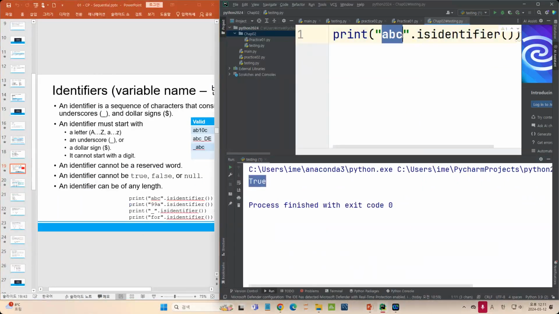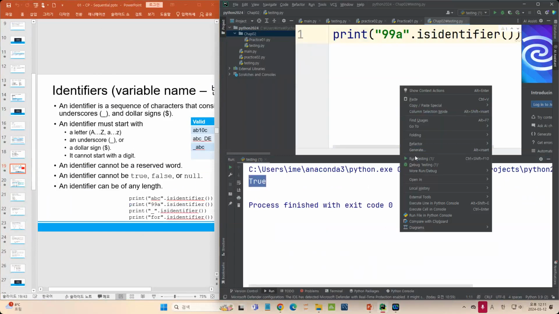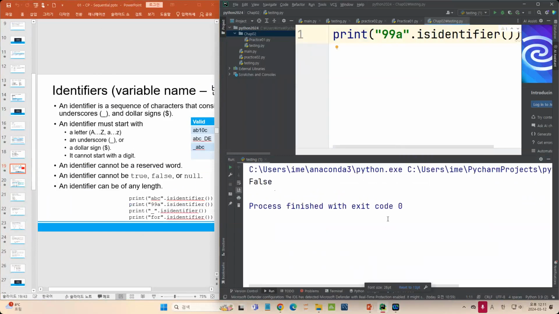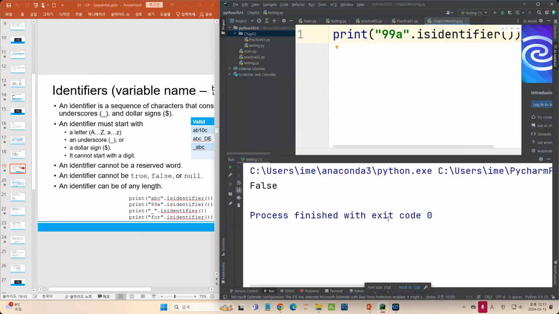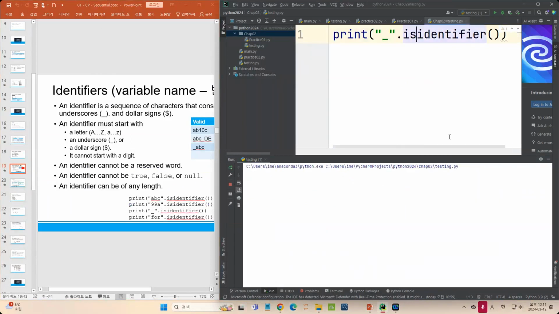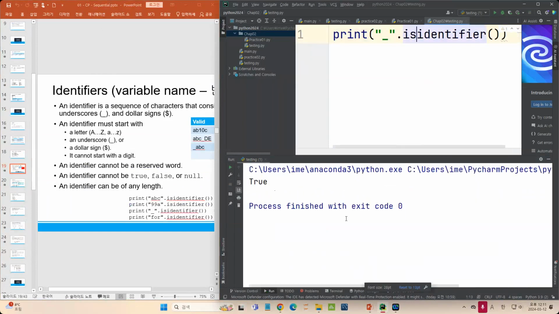Now let's see the second one. 998. The result is false because it starts with numbers. What about underbar? Okay, it's true.